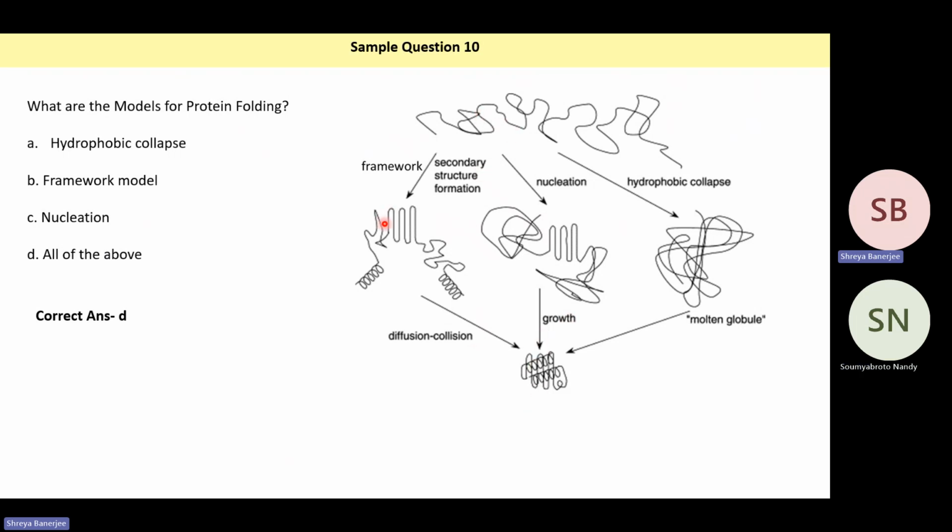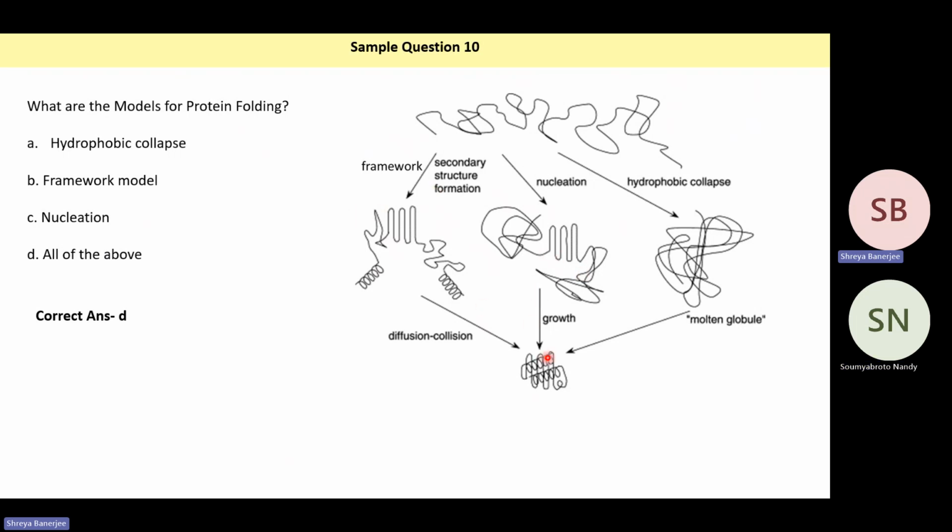Another is the framework model, which is initially similar to the nucleation model, in that different secondary structures form. But the nucleation model says that from the secondary structure, the rest is growing. The framework model says that around the secondary structure, the rest of the model suddenly collapses very rapidly to form the native structure.